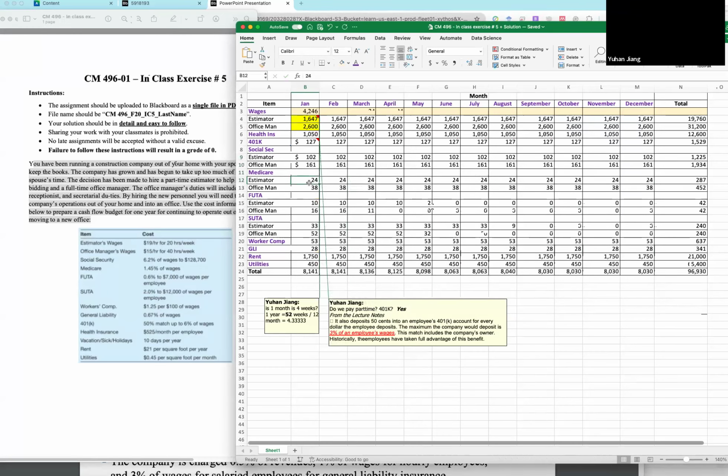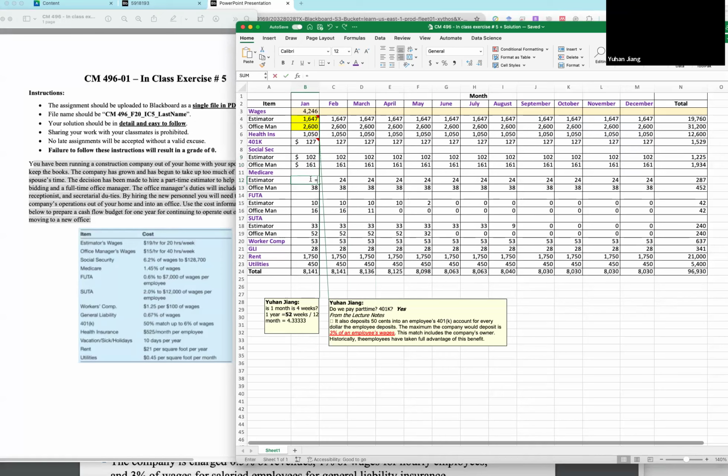The Medicare is 1.45 percent. I'm doing tricky things here. I'm going to copy these 2 and paste it here, and you will see it's wrong, sorry. Because if I copy those 2 and paste it here, you will see this moved, it's not actually the estimates here. So let's do it individually.